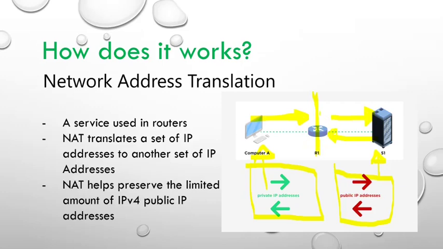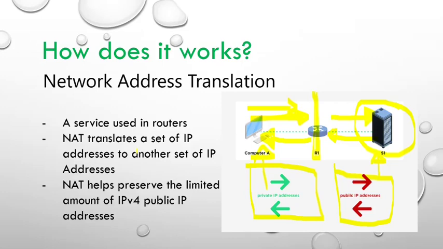And then, through the router again, the public IP being used by the server, for example, is being translated to private IP, which is now directed, or the message is being directed, to the specific computer as the service in the first step. Okay, so that's how simple your NAT works.